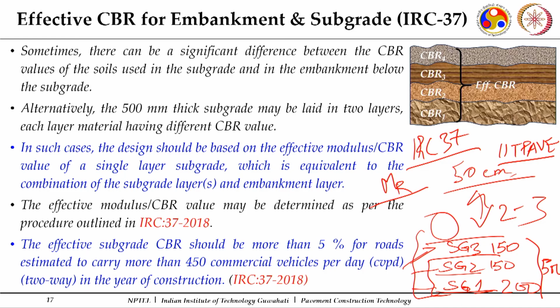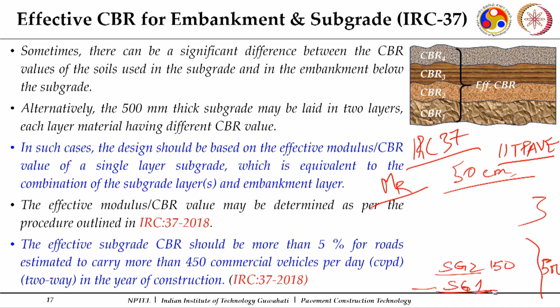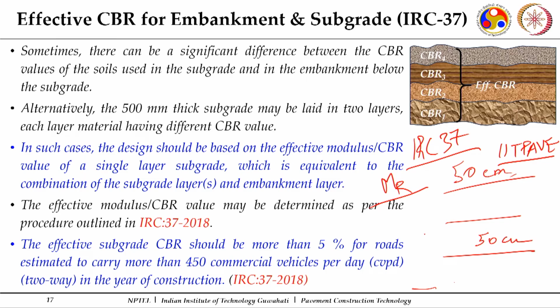Even if your 50 centimeter of subgrade is very good, having a CBR of say 12%, what is below, your embankment, may be quite weak, maybe having a CBR of only 5% or less than that. Then again you need to see what effective CBR should be considered, because this layer is going to be resting on it.